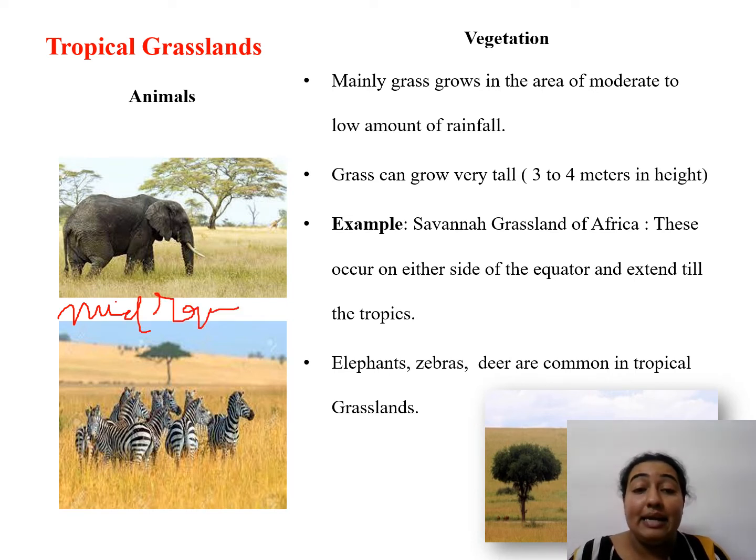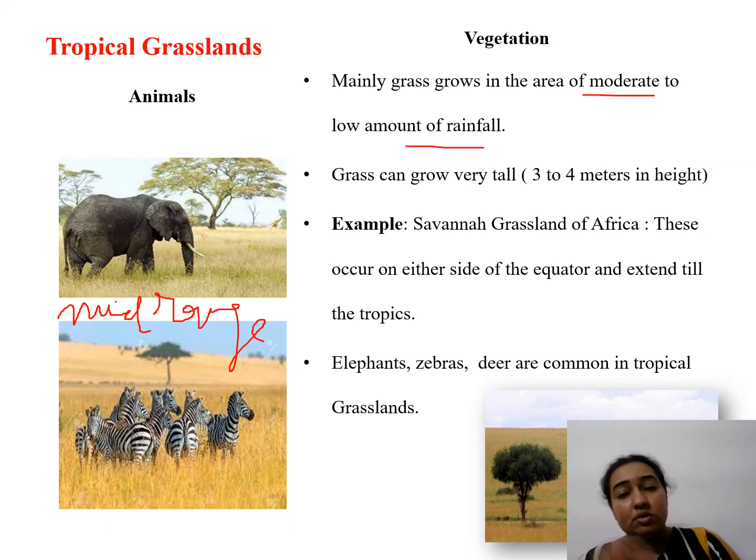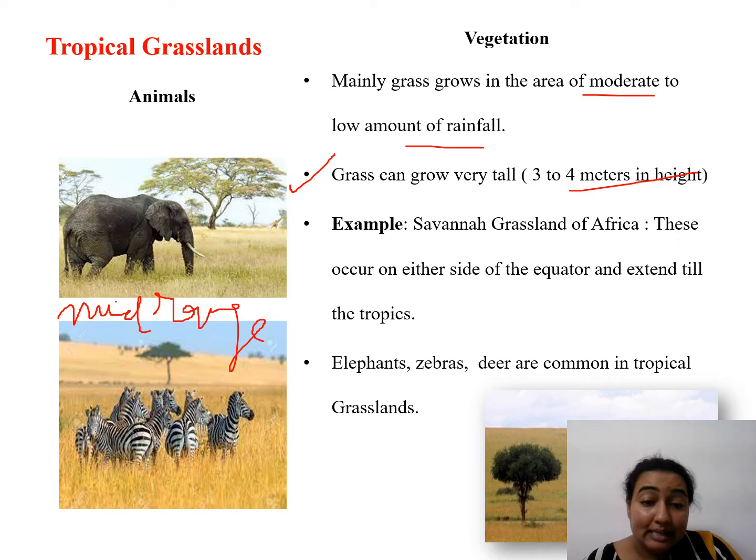Now, mainly grass grows in the areas of moderate to low amount of rainfall. So, grass will naturally grow in this area. Now, grasses grow very tall, like 3 to 4 meters in height. We can see these images where we have zebras. The grasses are around 3 to 4 meters in height.